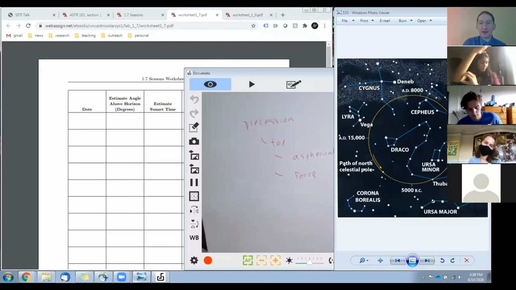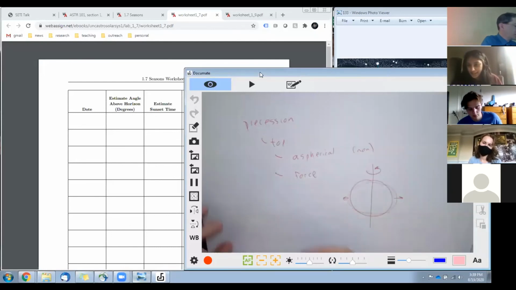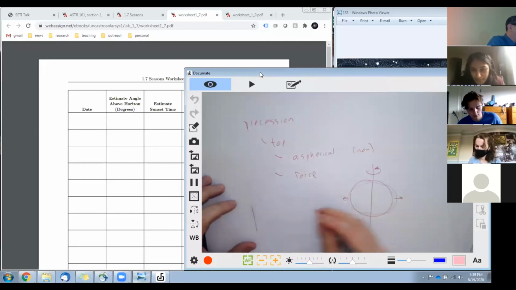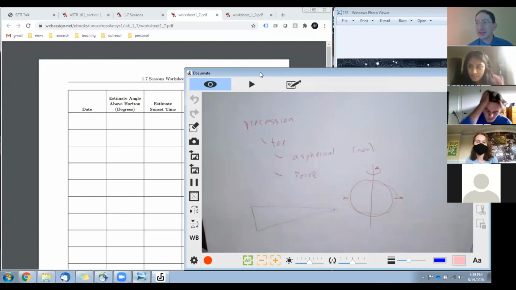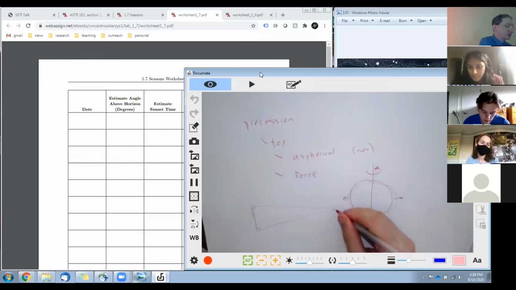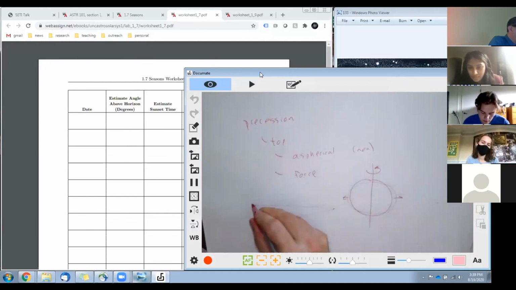So normally, I'll go to the doc cam. So normally in astronomy, let's say we're looking at this. Instead of thinking about one of them being a right angle, think of it where these two angles are the same. And if this is really far away, those two angles are both close to 90.